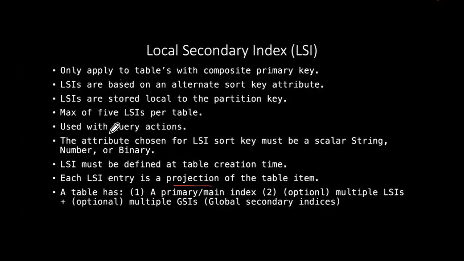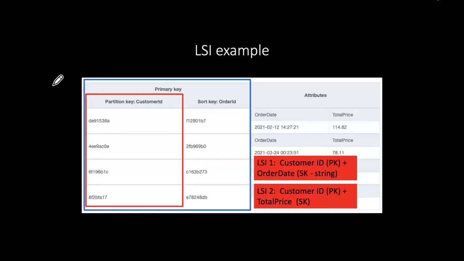Okay, so if we take our orders table from earlier on, where the main index's primary key is comprised of customer ID and order ID, that's my composite primary key.